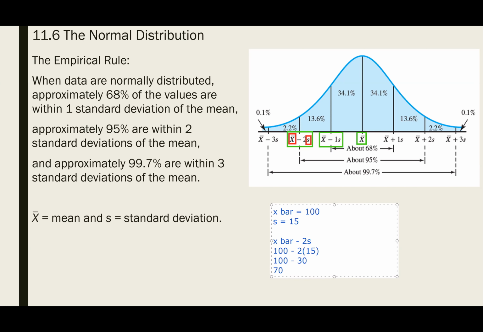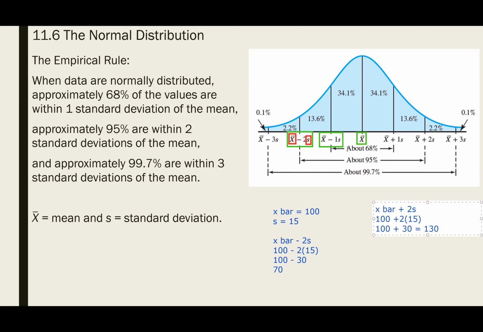So this here is basically the generic formula that you have. And similarly, on this side, we have X bar plus 2S. And again, X bar is 100 plus 2 times 15, and 100 plus 30 is equal to 130, right?